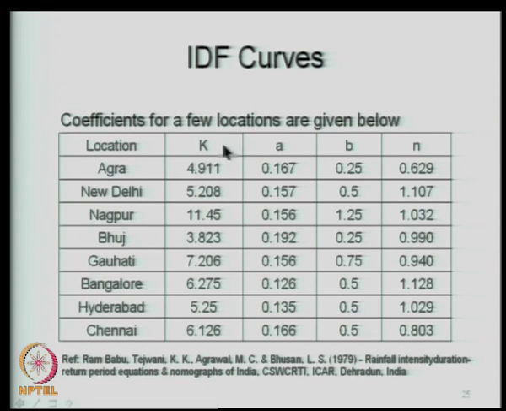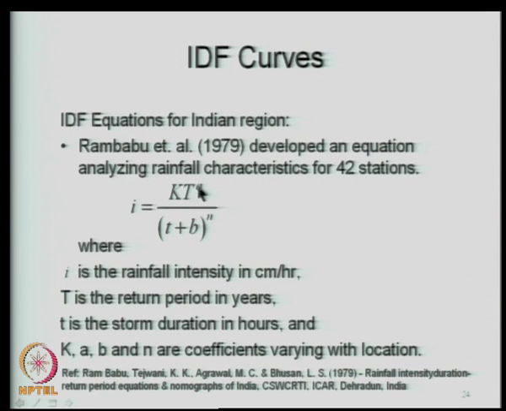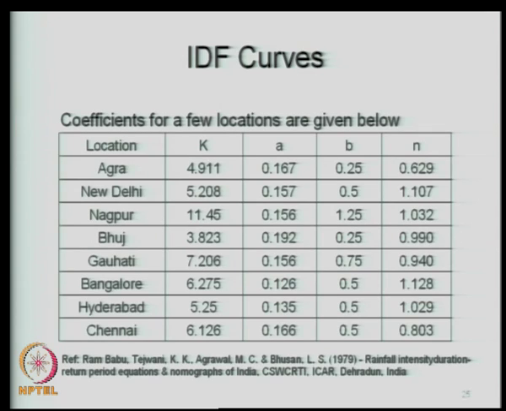And these coefficients have been proposed by them for various locations. For the purpose of this lecture, I have just picked up a few locations, for example, Agra, New Delhi, Nagpur. K, a, b and n are provided, and once they are known, for a given return period you can get I specifying the duration, and therefore, the IDF relationship gets fixed. So, these are for various locations.